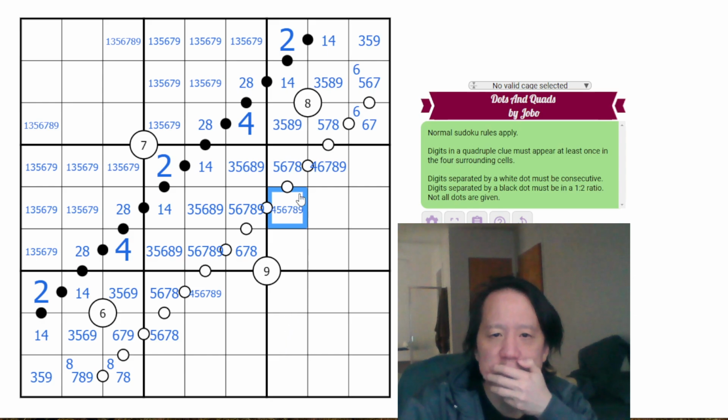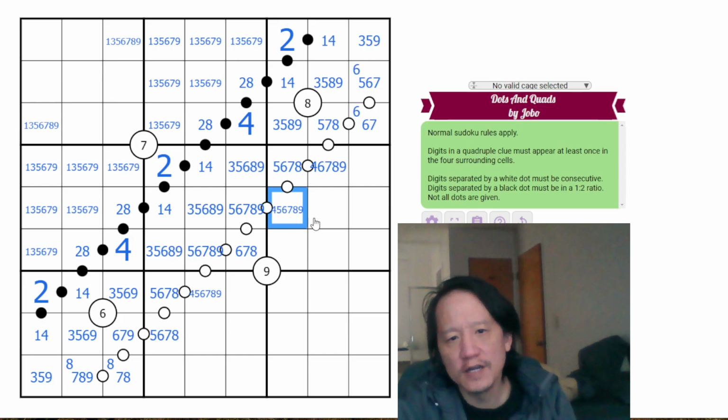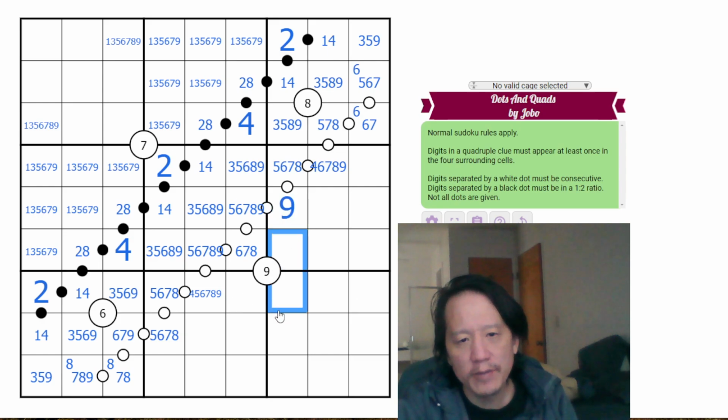Okay, what happens if we assume one of these is 9? Does that do anything? If this is 9, okay, so say this is 9. That means there's no 9 here, which means the 9 surrounding this quad would have to be here. Right?